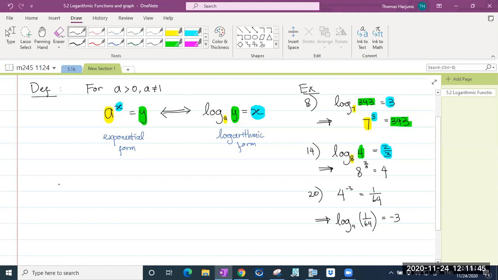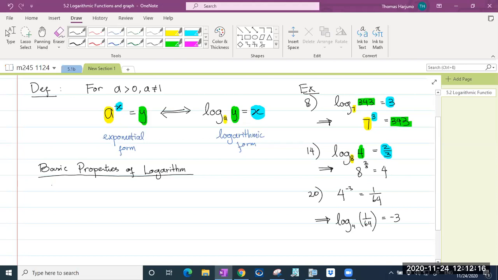Basic properties of log. Through these basic properties, it enables us, using the same technique, to compute some basic logs.